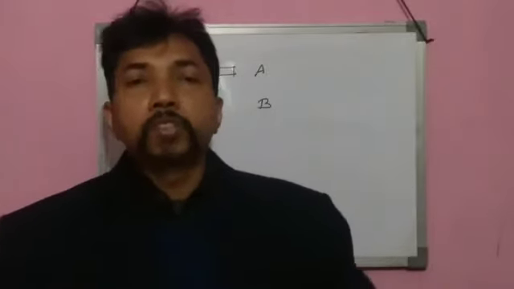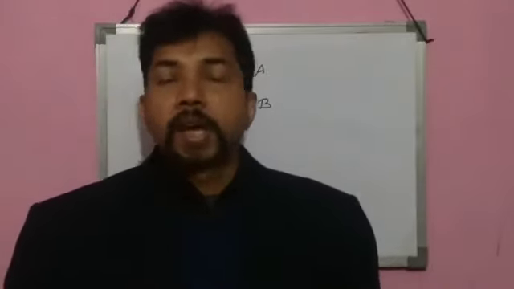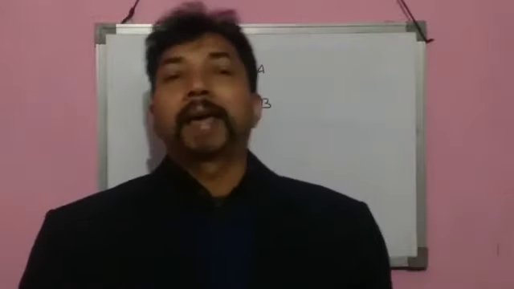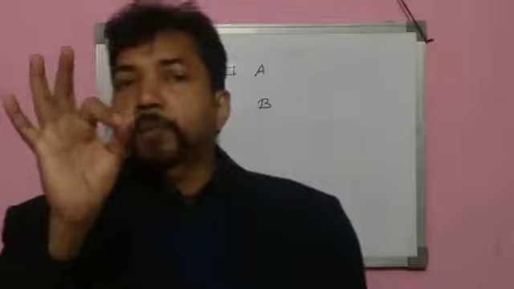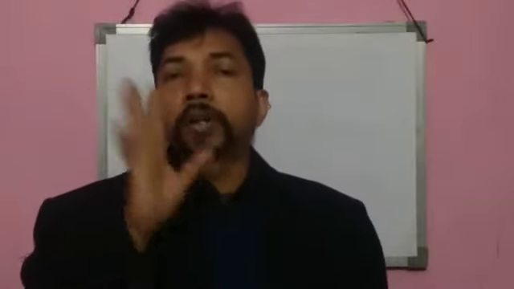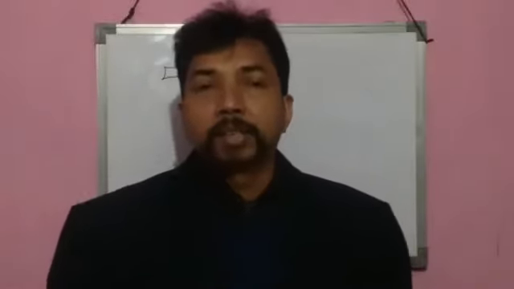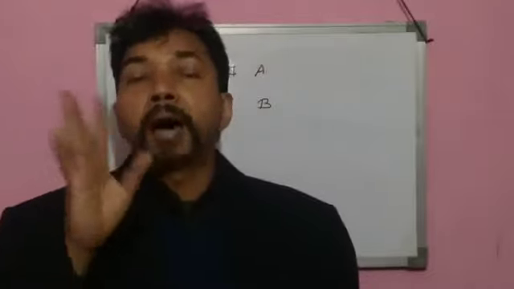But in the case of this bar, it turns and comes to rest in the geographic north-south direction. The bar which comes to rest in the geographic north-south direction is a bar magnet, and the bar which does not is not a bar magnet. It is only an iron bar.